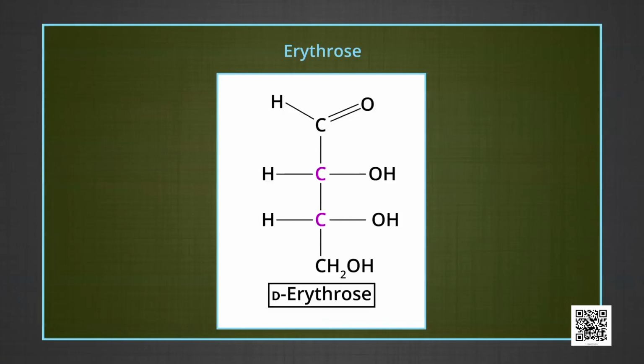Next is tetrose. Tetrose means 4 carbons in a chain, but basically there is an aldehyde group present in the first carbon. You can say these sugars are aldose sugars. Why aldose? Because the aldehyde group is present on the top of the chain, on the first carbon.